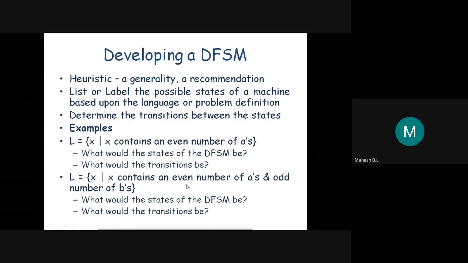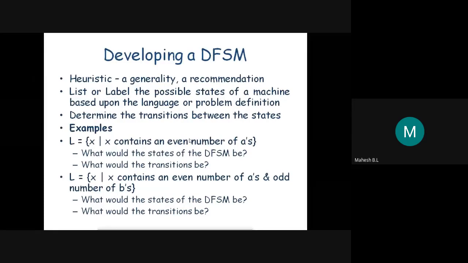As I told in the previous class, with A's and B's, you can have 4 different combinations with respect to number of A's and number of B's. One combination is even number of A's and even number of B's. Another is even A's, odd B's.